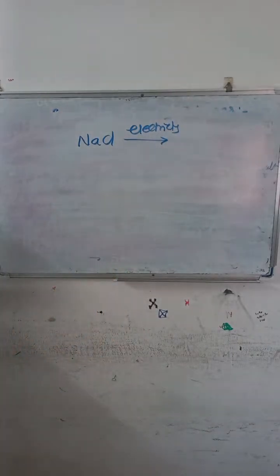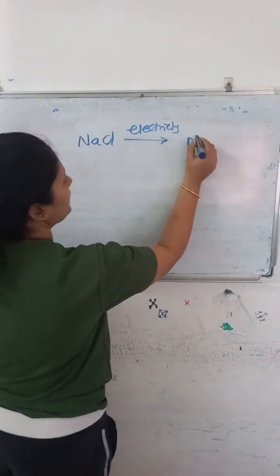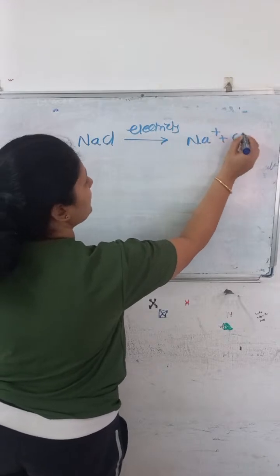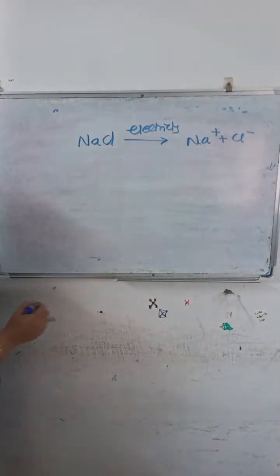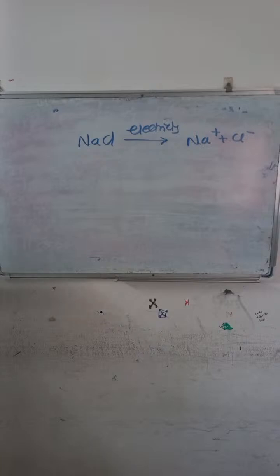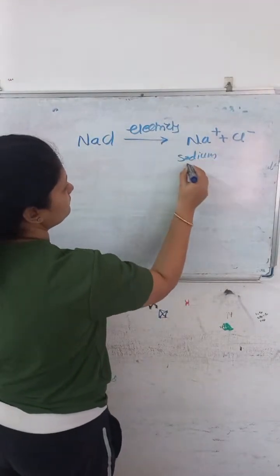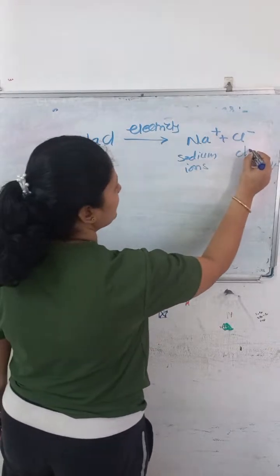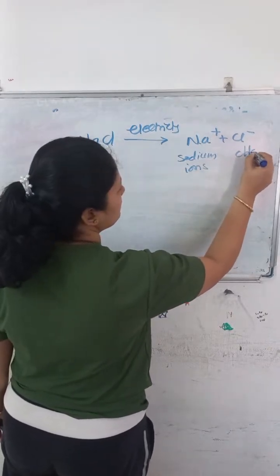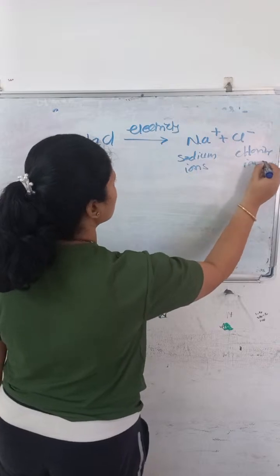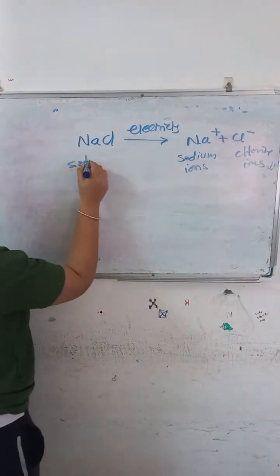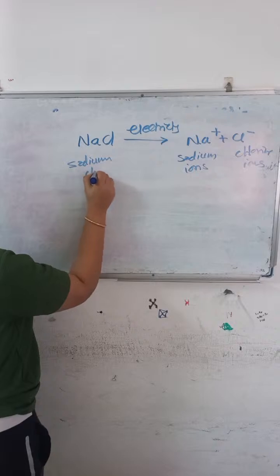Whenever we pass electricity through this brine water or sodium chloride, it gives Na plus and Cl negative. These ions are formed: sodium ions and chlorine ions.